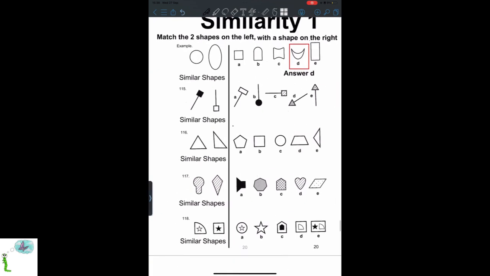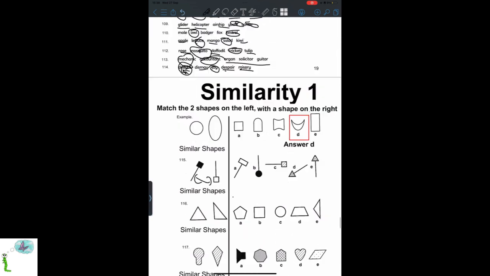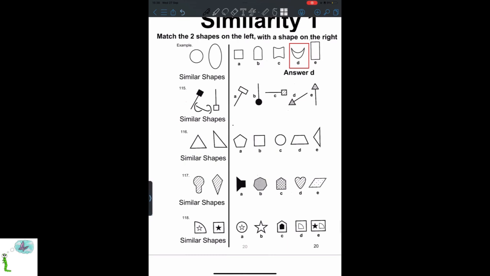And this is pretty similar actually, because you're given two objects which are similar. So again, you have to find a rule between these two, and then you just apply that rule and find which option it matches.